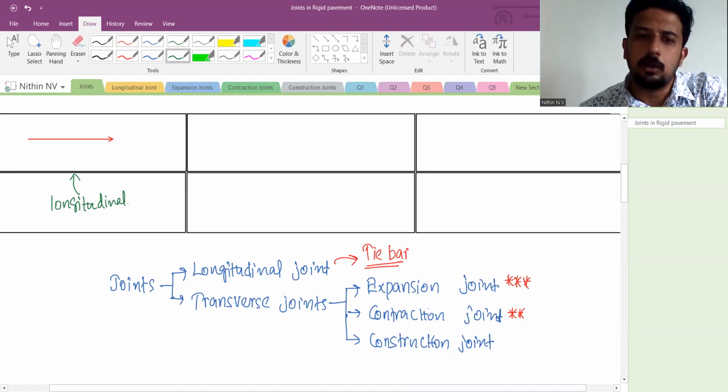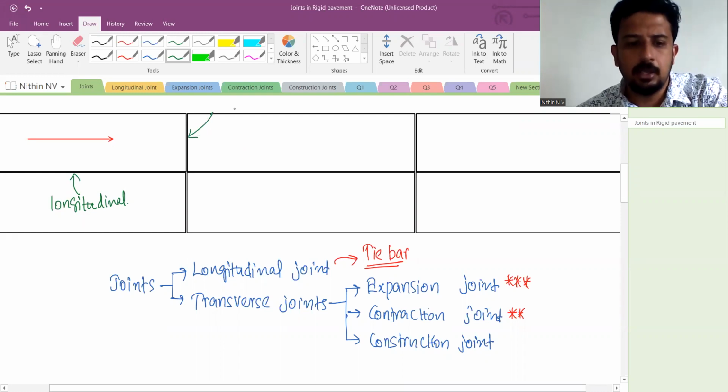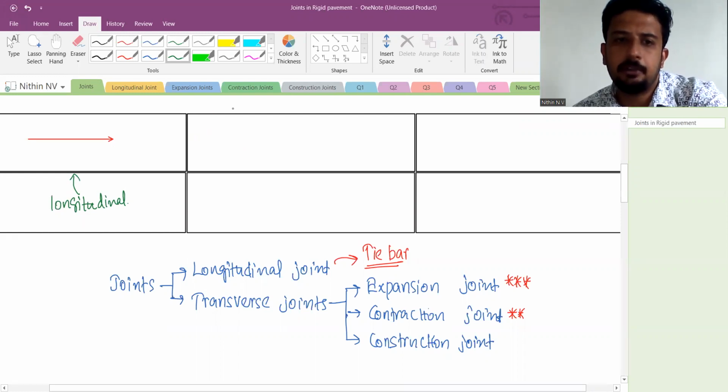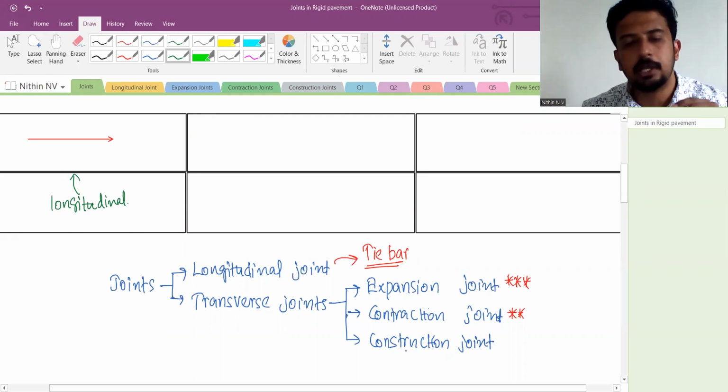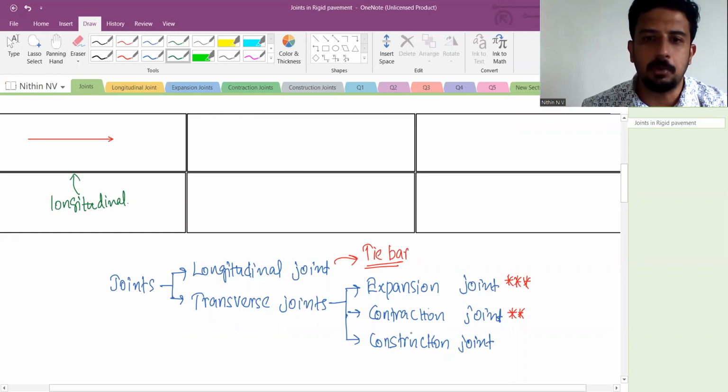Now, where is our transverse joint? This is the transverse joint, perpendicular to the direction. The transverse joint I have subclassified into three groups: expansion, contraction, construction. Where am I going to mark these three? At the end of a slab, we get a discontinuity, which I have already marked in the image.